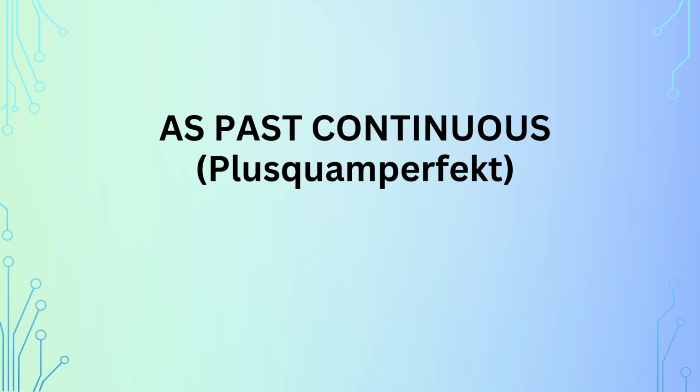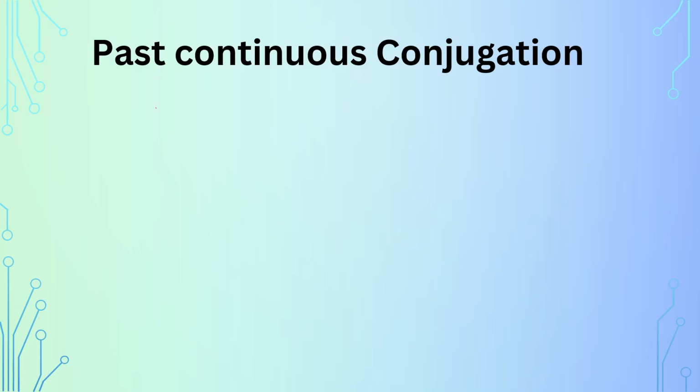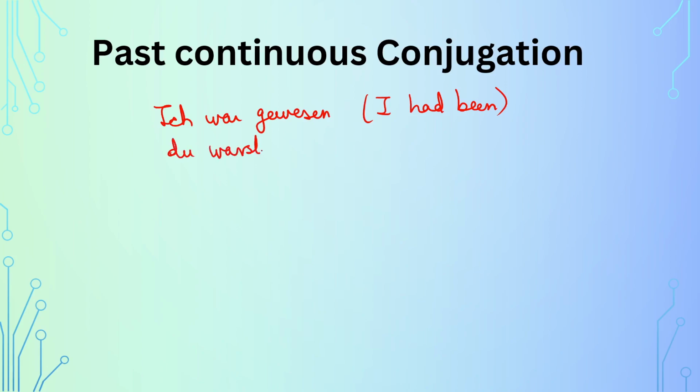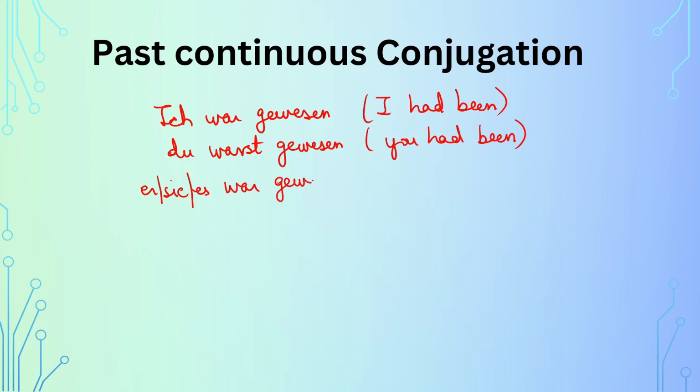Okay, so its conjugation is Ich war gewesen, which means I had been. Du warst gewesen, which means you had been. Er, sie, es war gewesen. He, she and it had been.